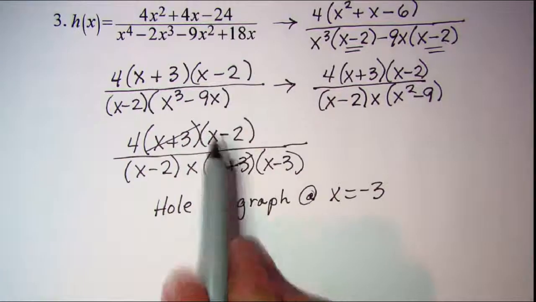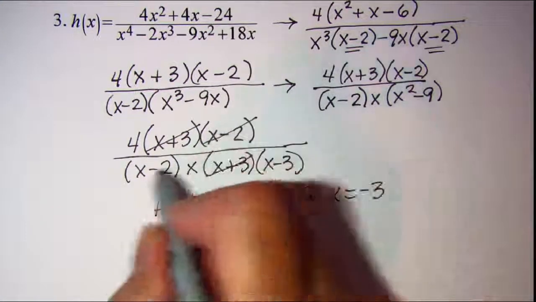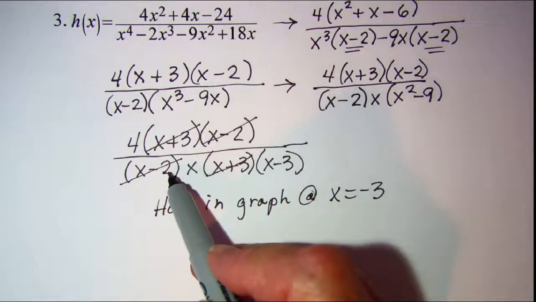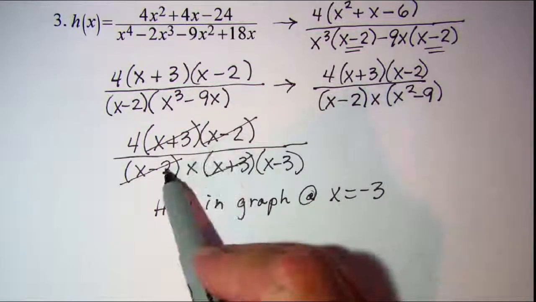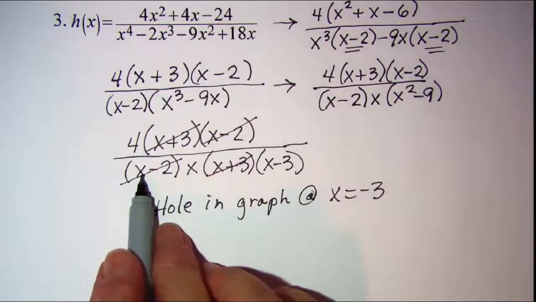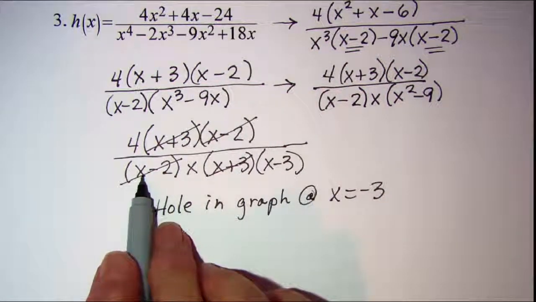And then I also have this factor, x minus 2, in both the numerator and denominator. So those will cancel off, but they would cause a problem in the original function. And that would be at x equal positive 2.